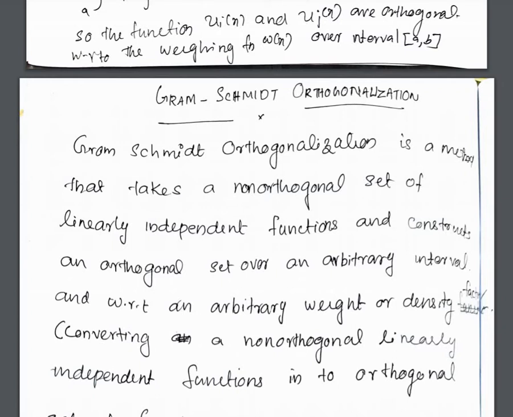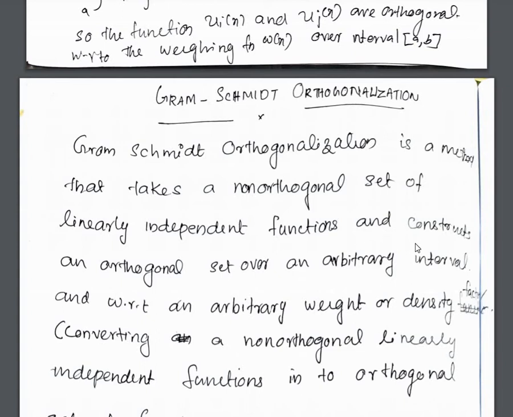The process of converting a non-orthogonal set of linearly independent functions into orthogonal and normalized functions is known as Gram-Schmidt orthonormalization.